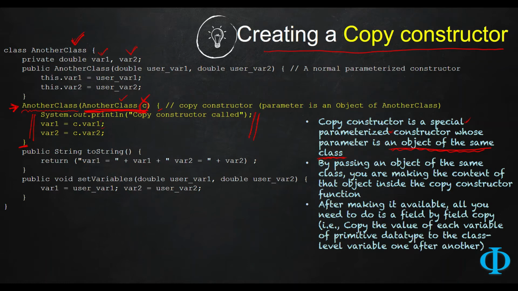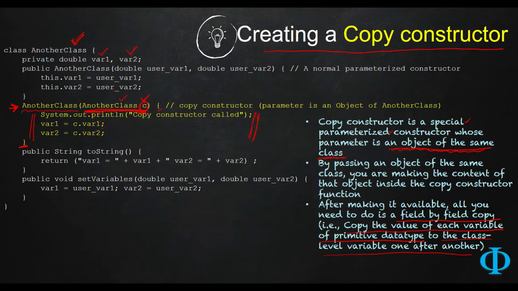Since all the contents of C are now available inside this copy constructor, all you need to do is a field by field copy. What does that mean? Copy the value of each variable of primitive data type of C to the class level variable, one after another.